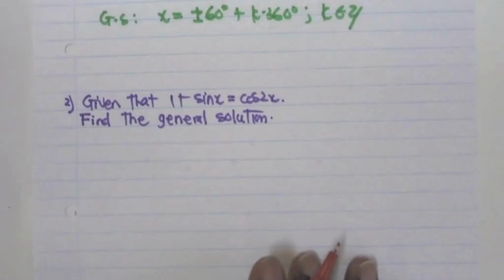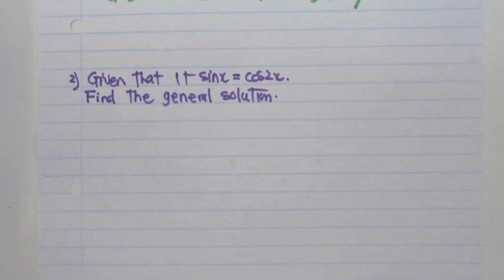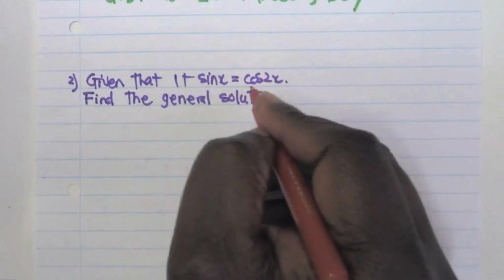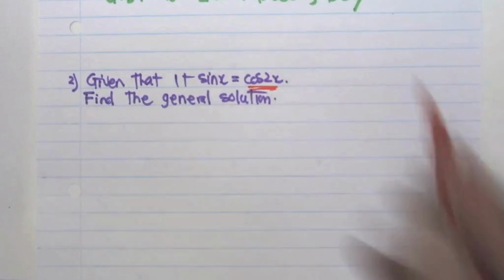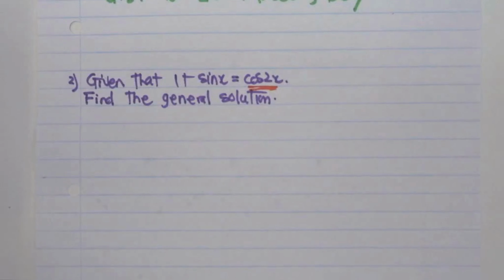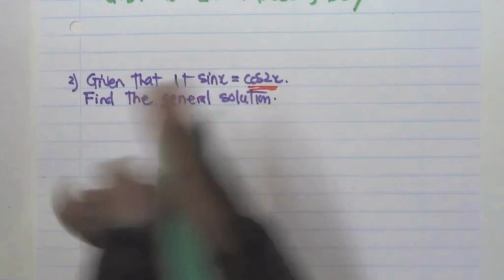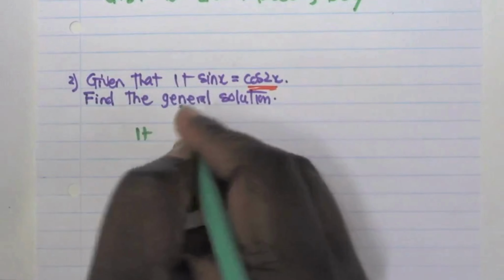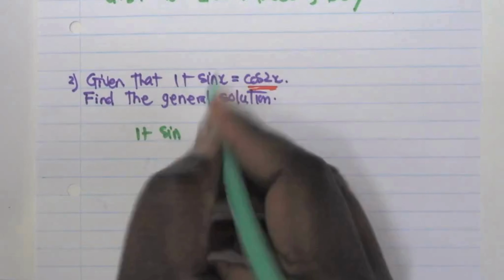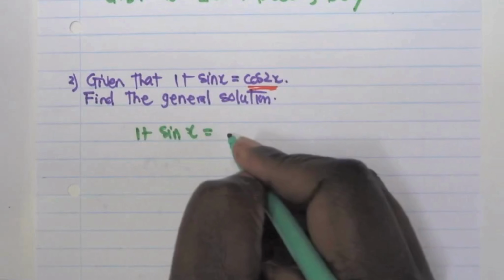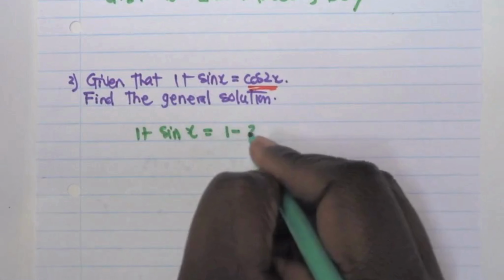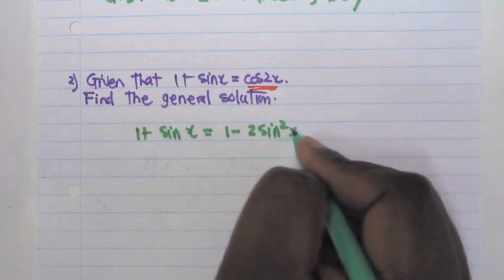If we move on to number 2, again we need to put an identity here, and I'm going to write here 1 plus sine x is equal to 1 minus 2 sine squared x.